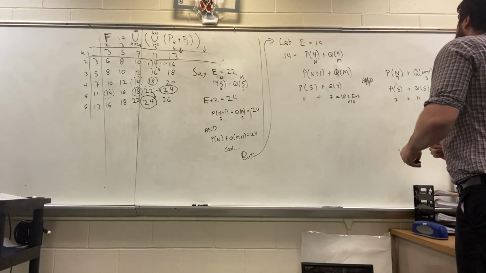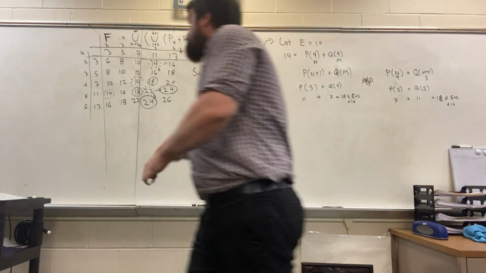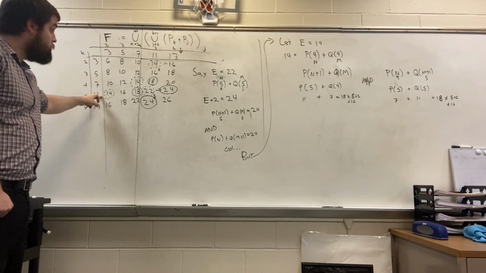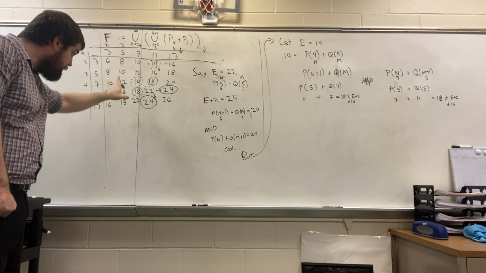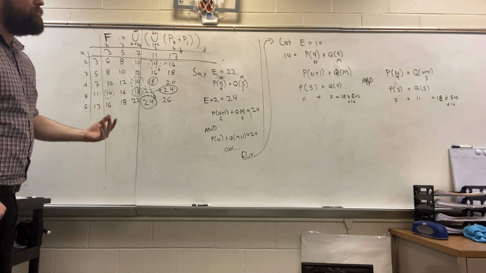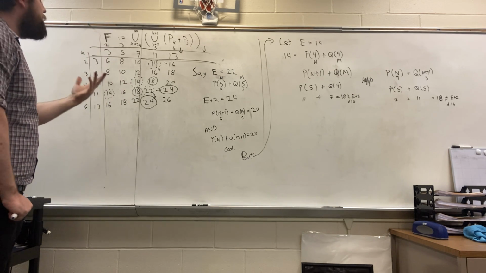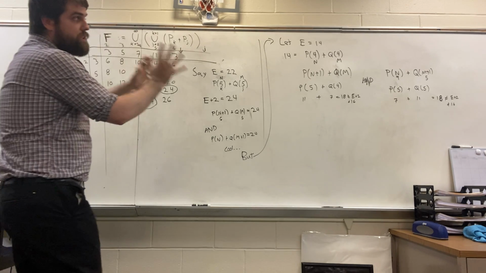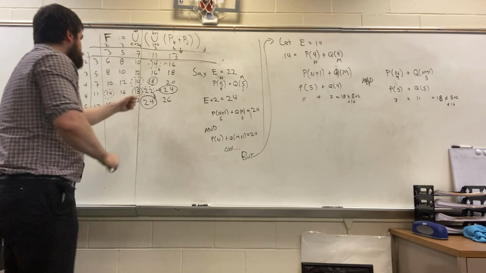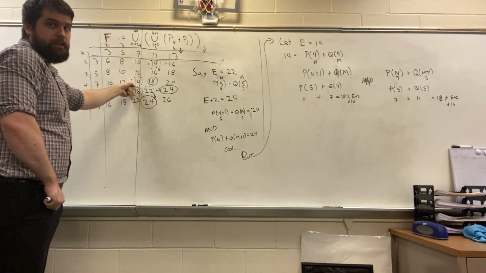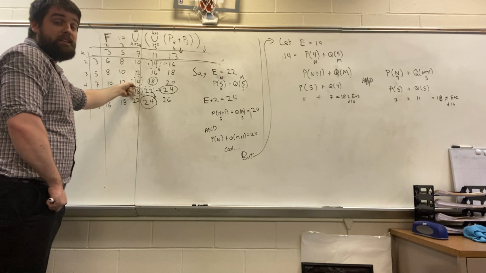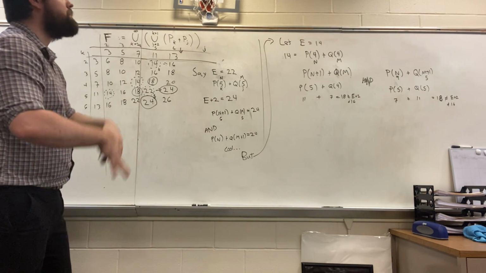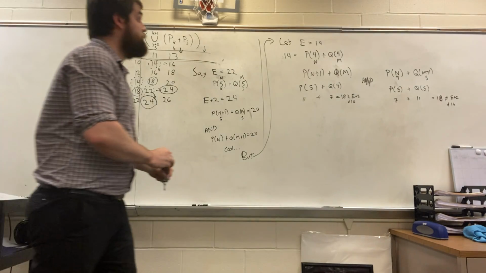Now, it turns out that 14 does appear in this grid, right? With neighbors that are the next even. But again, as stated, I believe the counterexample I've illustrated for this 14 right here shows that we have to at least consider additional cases when we say take arbitrary E in F.